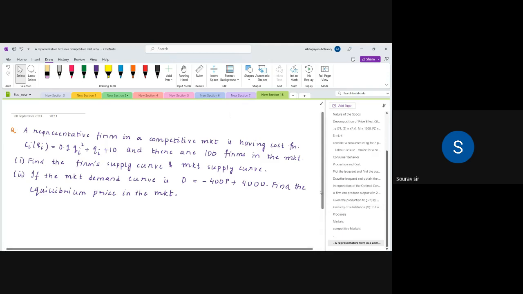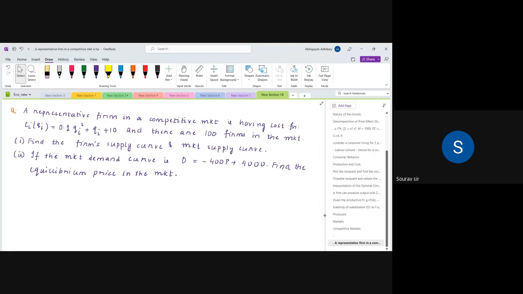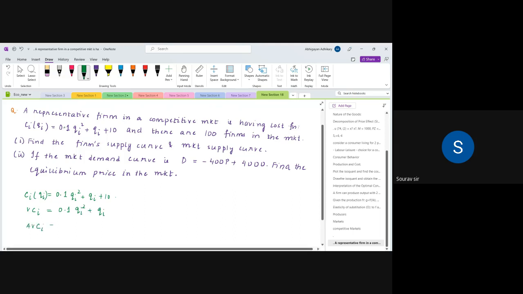Let me show you the solution once more. We are given this cost function: Ci of Qi equals 0.1 Qi squared plus Qi plus 10. The variable cost is only the first part plus Qi, and the average variable cost is 0.1 Qi plus 1.